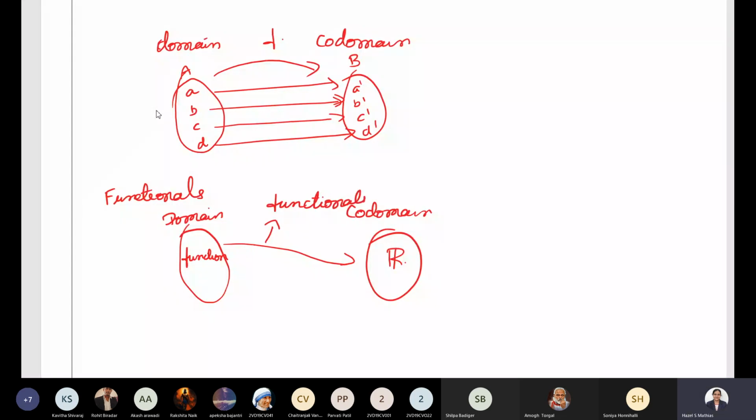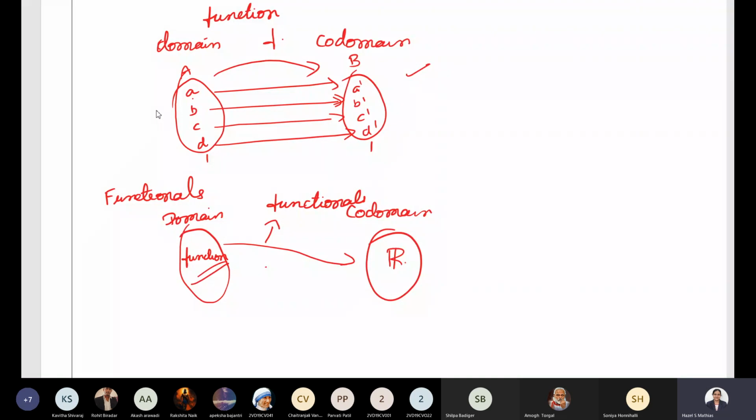In an ordinary function, all the elements are numbers, so real numbers, rationals or irrationals, and every element of the domain is assigned to a unique element of the codomain. In a functional, the domain contains the set of all functions.